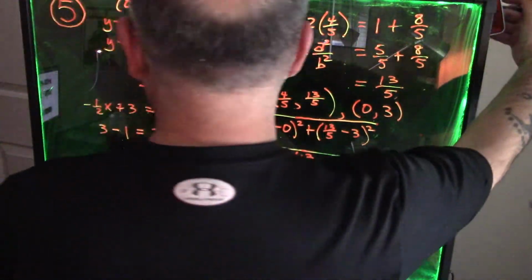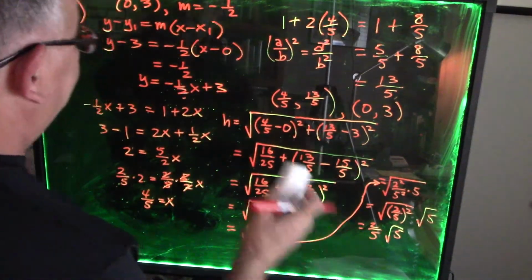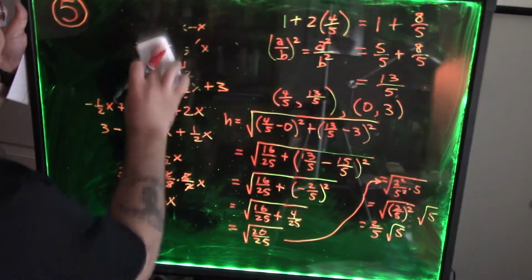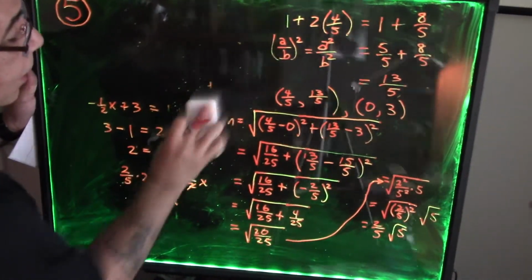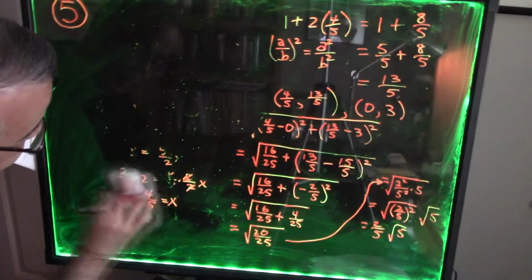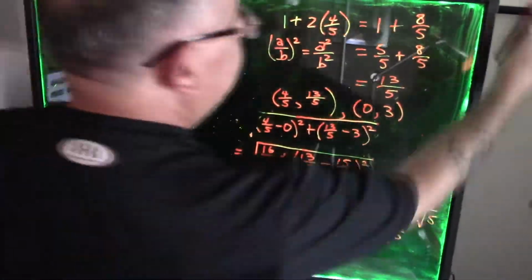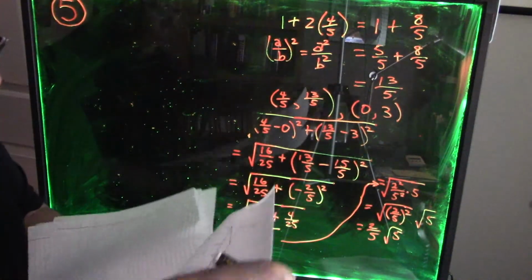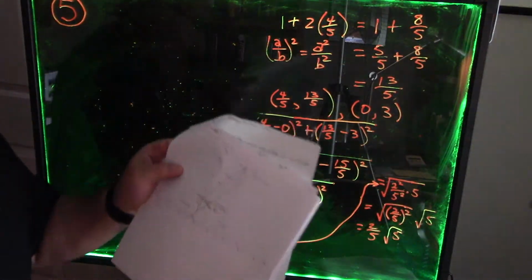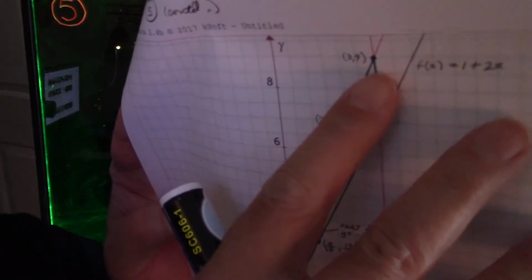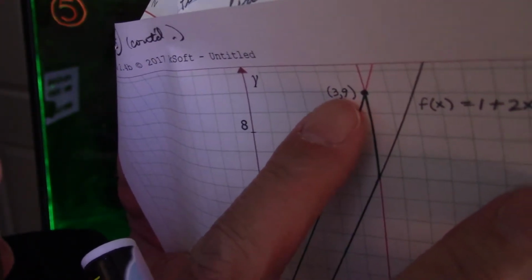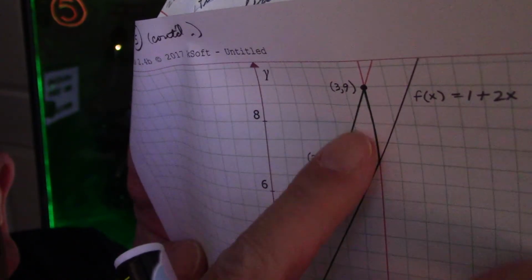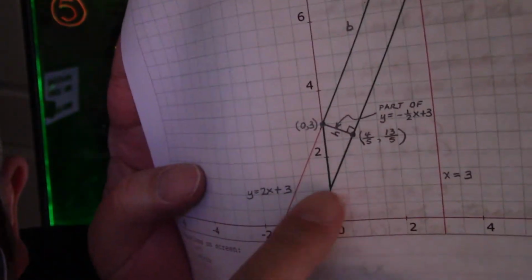So again, I need to do some erasing. Alright, so we need b, and we can get this point here. That point is 3, 9. Alright, x equals 3. We already know x equals 3 there because that's the line they gave us.